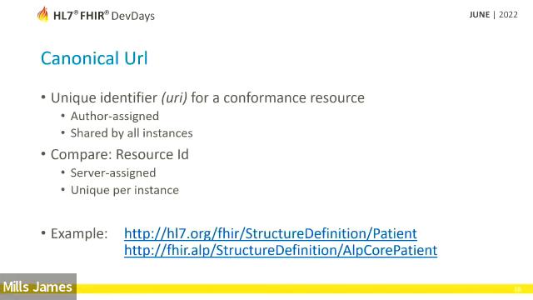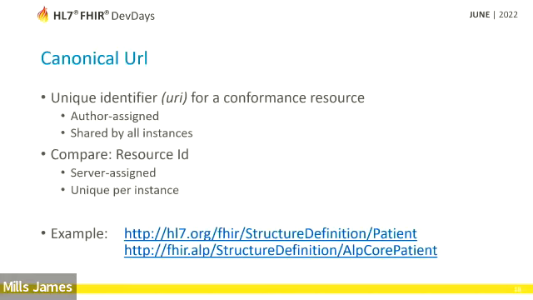Another important thing that you need to do when defining a conformance resource is assign a unique identifier to that resource, which we call the canonical URL. This is important because it is an author-assigned URL that is shared by all instances independent of the system where they are available.